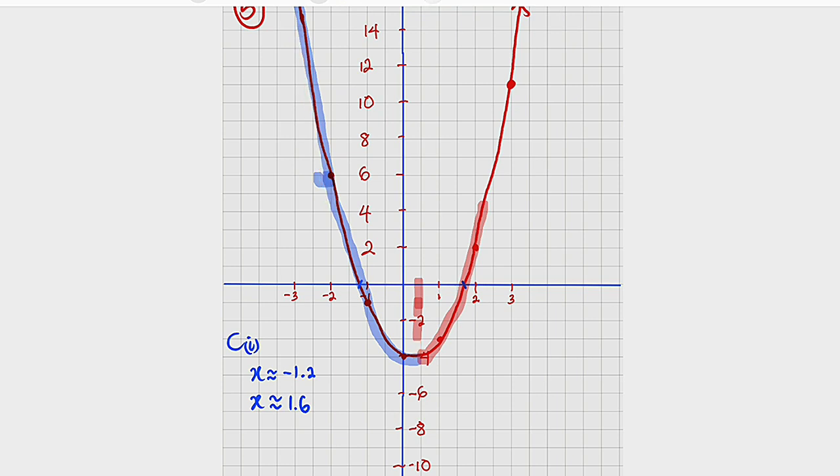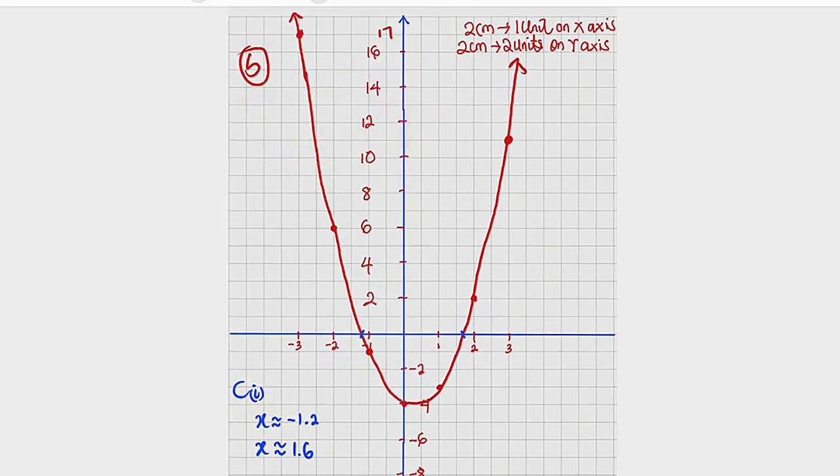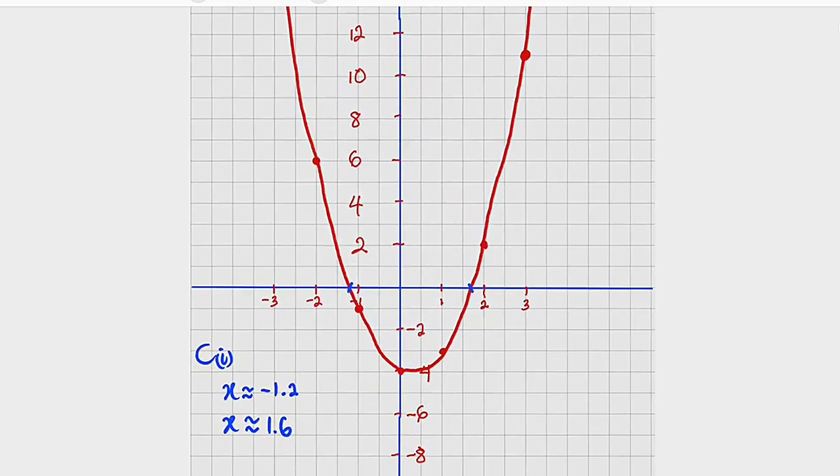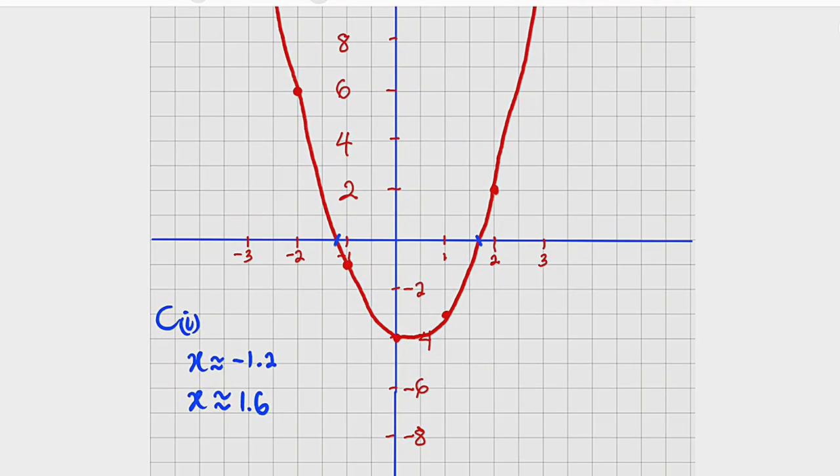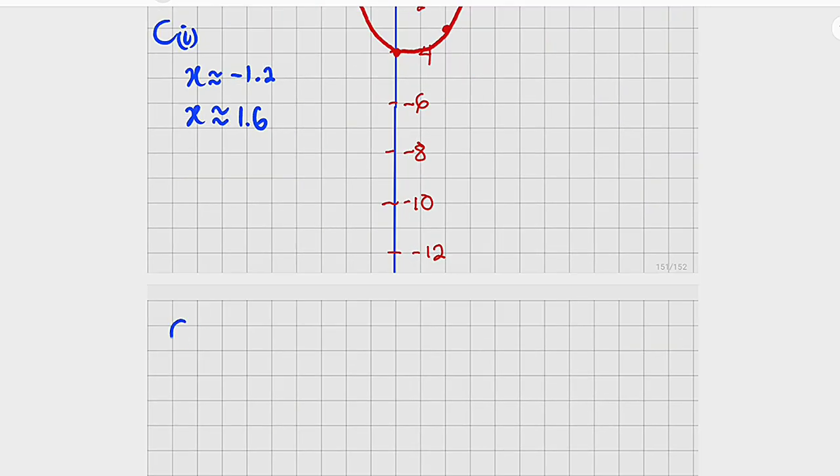So how can we obtain them? We need to find the line of symmetry. The line of symmetry is a line that divides the curve into two equal parts. I cannot actually determine where exactly it is, but we can add the two roots together and divide by 2 in order to find the line of symmetry. So C Roman 2, line of symmetry.